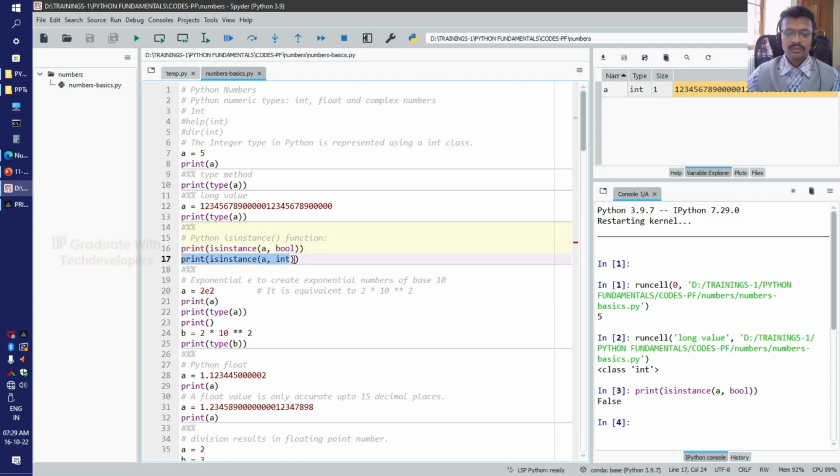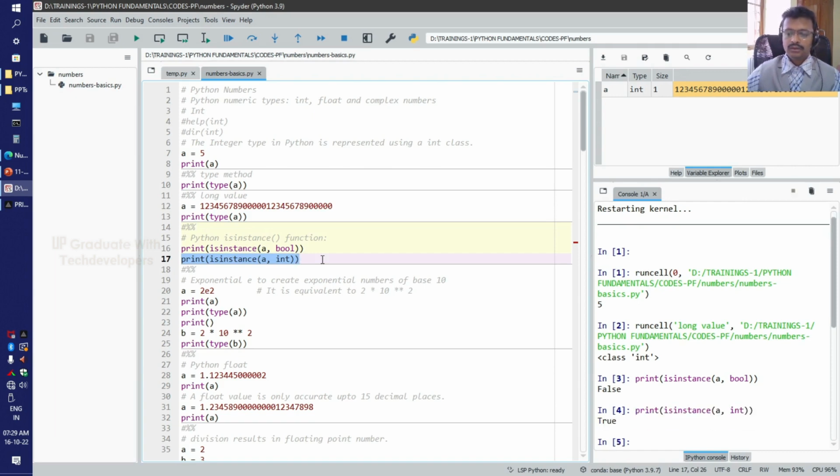In the second statement I have taken integer instead of boolean. So let us print this. So now we got the output as true because the value of the variable a is of type int.